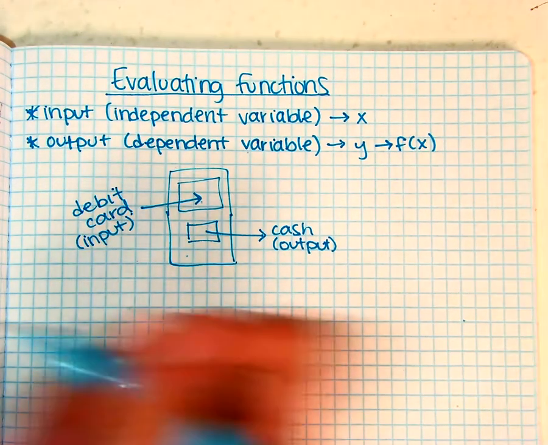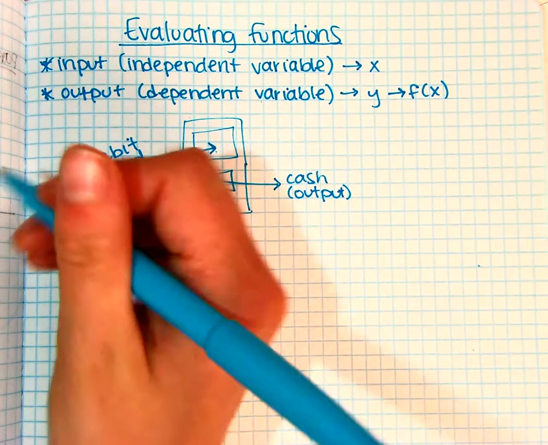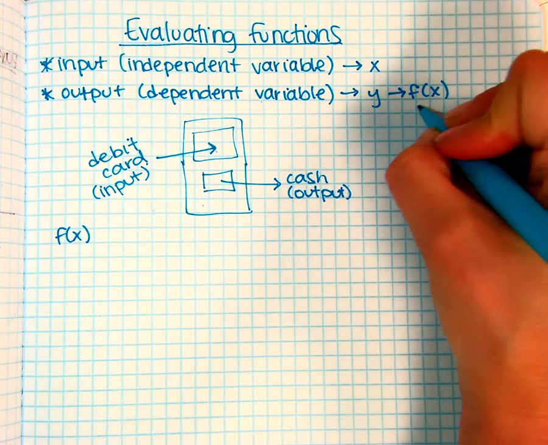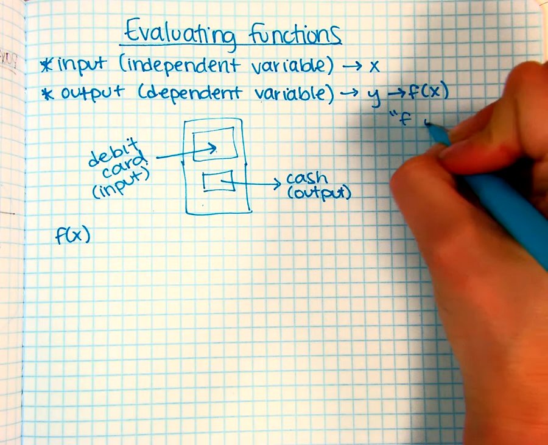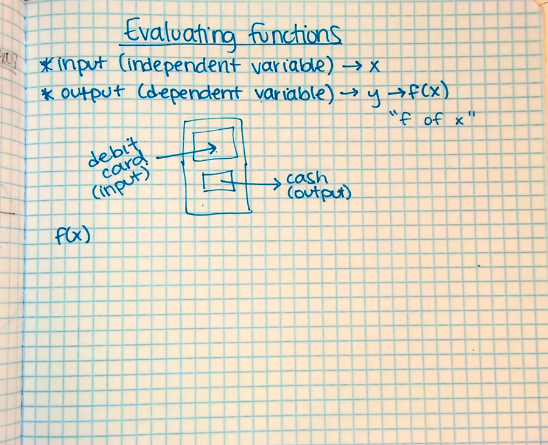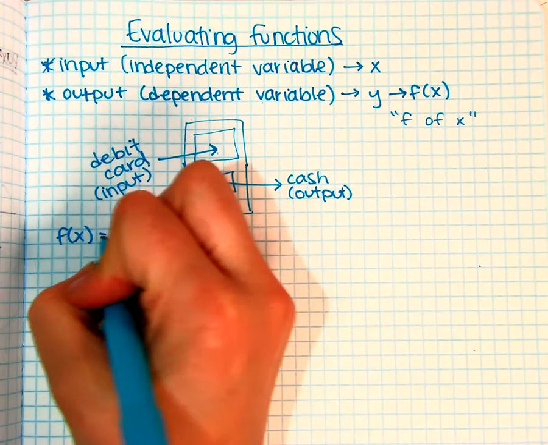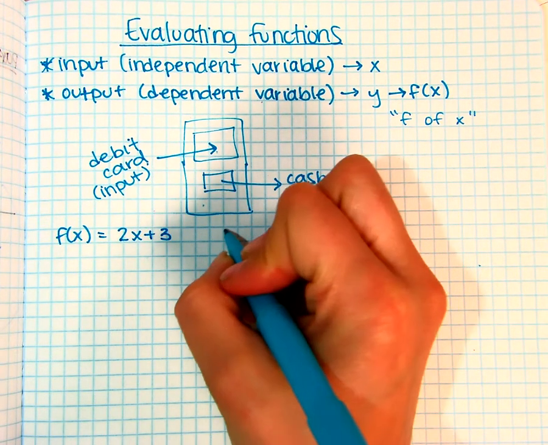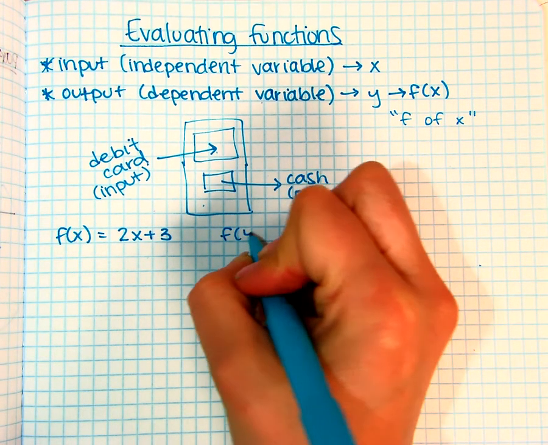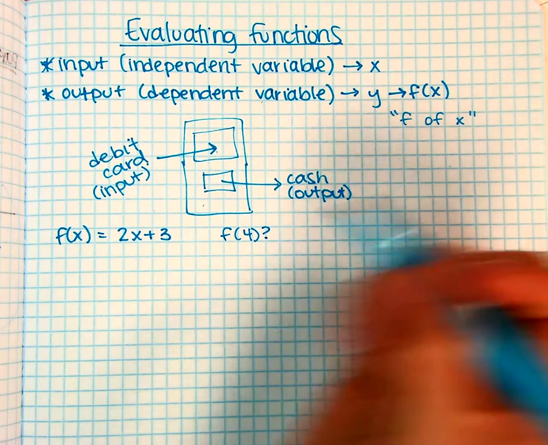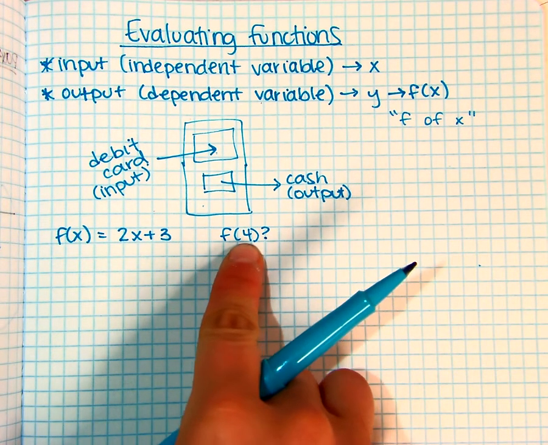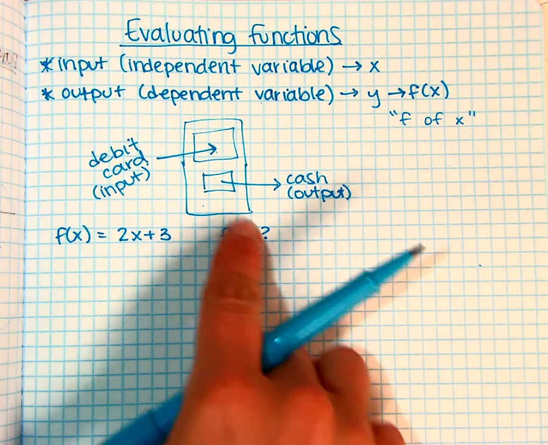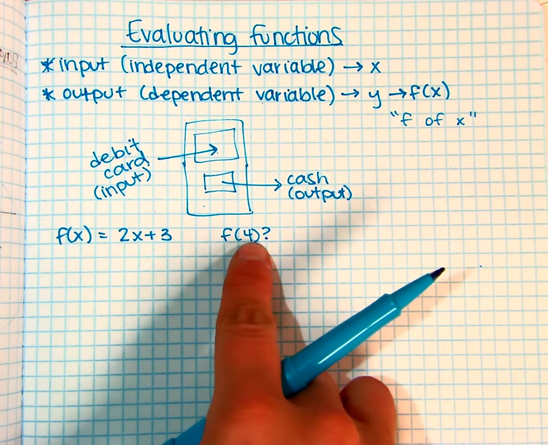So now let's look at this as if we're doing a function. Let's say f of x, remember this is read as f of x, equals 2x plus 3. And we want to know what is f of 4. See how that 4 is there instead of the x? That means that every time we see an x here, we're going to replace it with a 4.